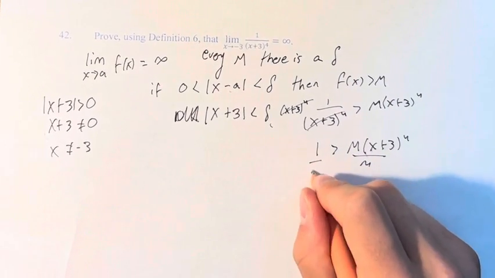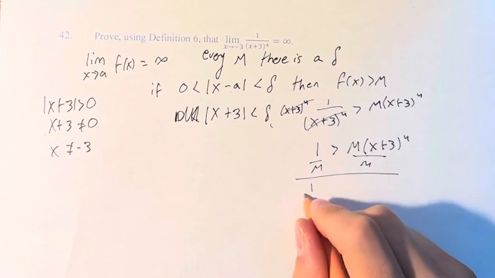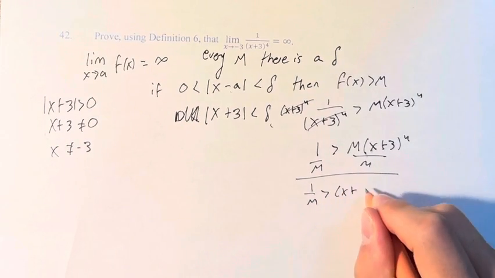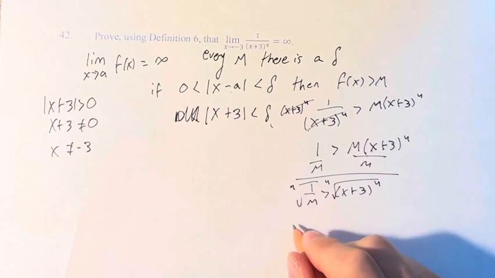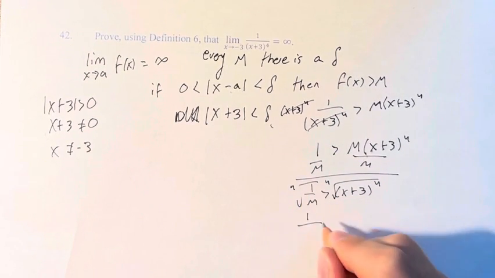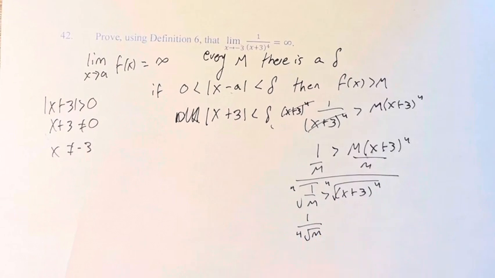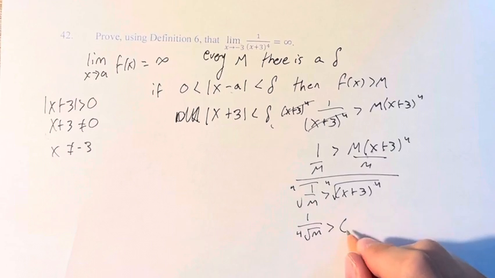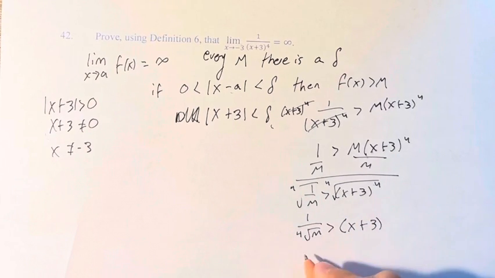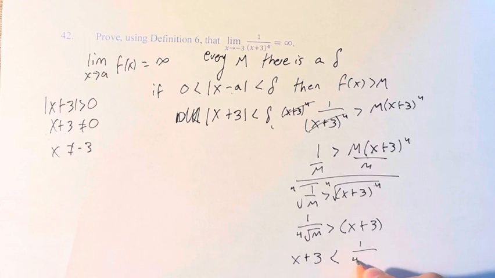We can divide by M to get that 1 over M is greater than (x plus 3) to the fourth. And taking the fourth root of both sides, the fourth root of 1 over M is 1 over the fourth root of M, which is greater than the fourth root of something to the fourth power, which is just something itself, x plus 3. Therefore x plus 3 is less than 1 over the fourth root of M.